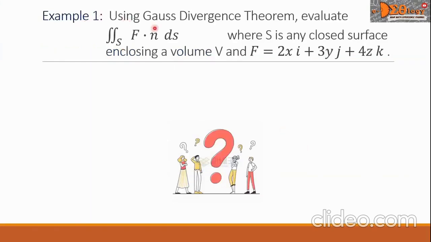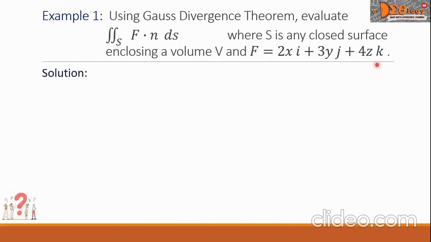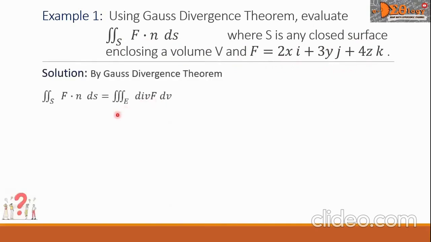Example 1. Using Gauss divergence theorem, evaluate double integral over S F dot N dS, where S is any closed surface enclosing a volume V, and the vector F is equal to 2xi plus 3yj plus 4zk. Let us write our formula for the Gauss divergence theorem.